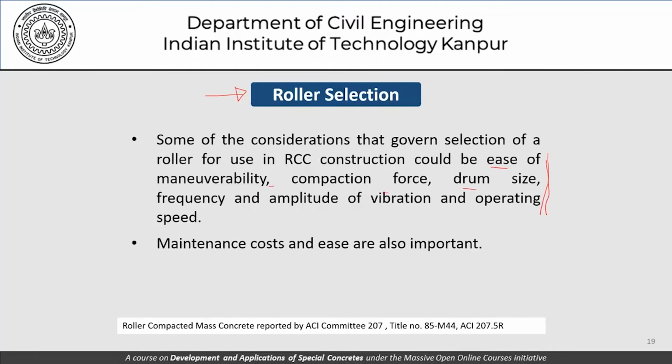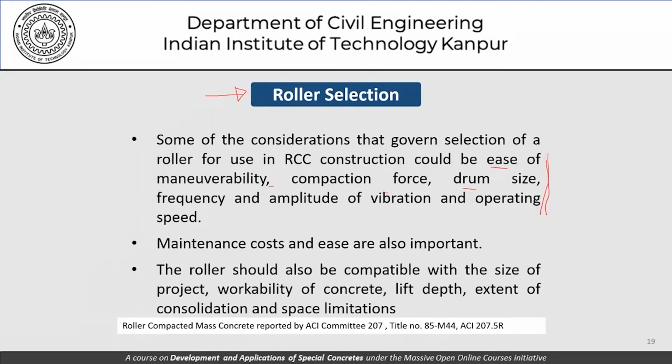Maintenance cost and ease, of course, is the other aspect. After all, rollers are nothing but normal construction equipment, and like any other equipment, the maintenance cost and the ease of their availability in the market is also important. The roller should also be compatible with the size of the project, the workability of concrete being used, lift depth, extent of consolidation, and space limitations.